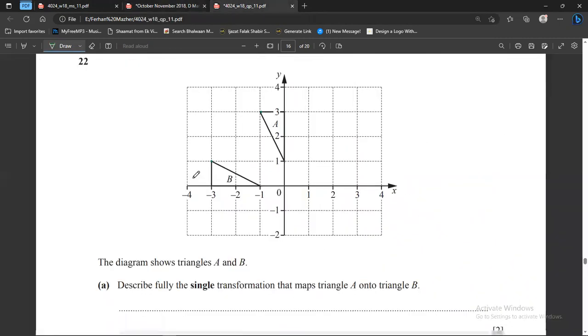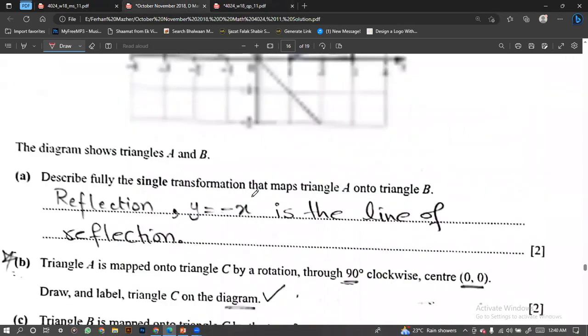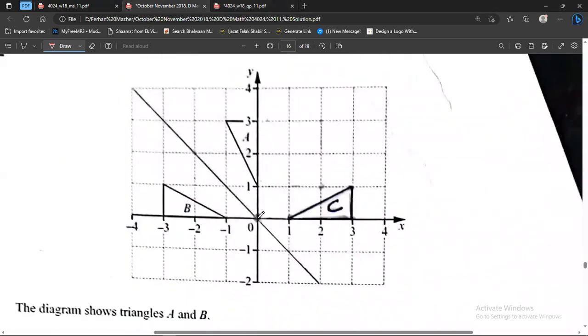Okay, so we are going here. Triangle A is mapped onto triangle C by a rotation through 90 degrees clockwise, center 0, 0. Draw and label triangle C on the diagram. So 0, 0 is the center of rotation. You can suppose this is a flag in your hand, and from here you rotate it.